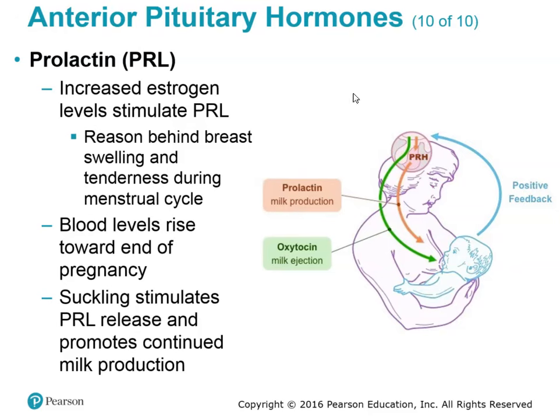Increased estrogen levels can stimulate prolactin. This is generally the reason why breasts tend to get swollen and tender during the menstrual cycle. Toward the end of pregnancy, prolactin levels rise to get the milk production started. After the baby's born, suckling of the infant can stimulate prolactin release and promote continued production of milk. So that's the positive feedback.